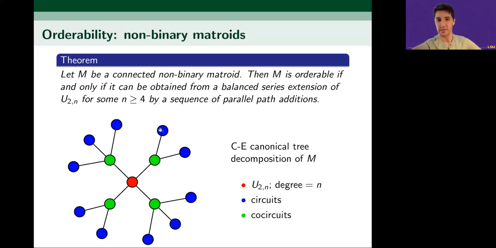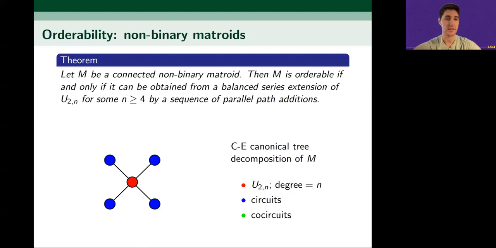So you prove that these leaves are circuits of the same size, and then you can take one of them away because it could be added back using parallel path addition, because it's parallel to the other leaf attached to that same vertex. So the process now is pruning these subtrees that hang off of the red vertex down to cycles like this.